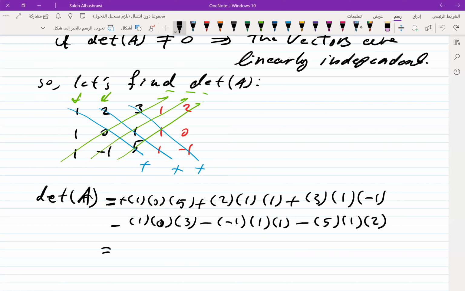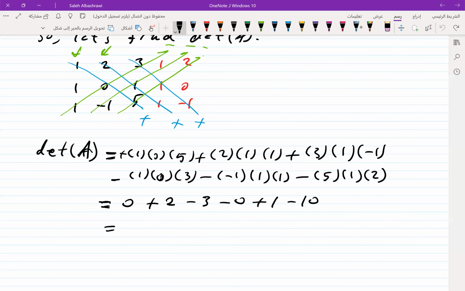So we will have 0 plus 2 minus 3 minus 0 plus 1 minus 10. That will give me minus 10. Now minus 10 is not equal to 0.